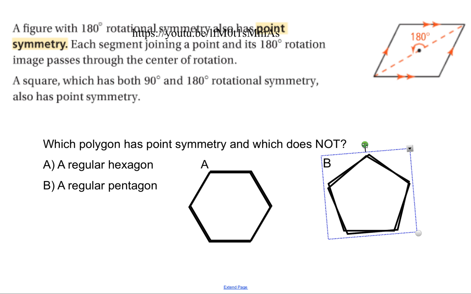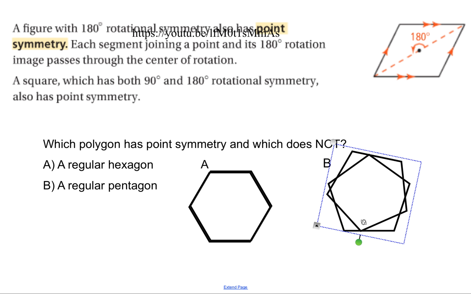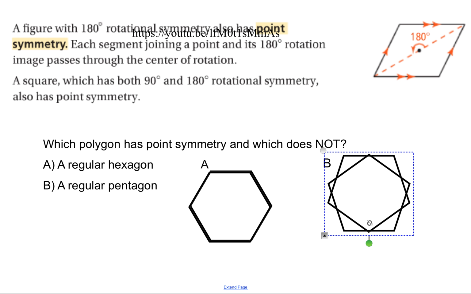I'm going to rotate this 180 degrees like this, and as you can tell, it does not map onto the original polygon, the original regular pentagon. So a regular pentagon does not have point symmetry, whereas a regular hexagon does have point symmetry.